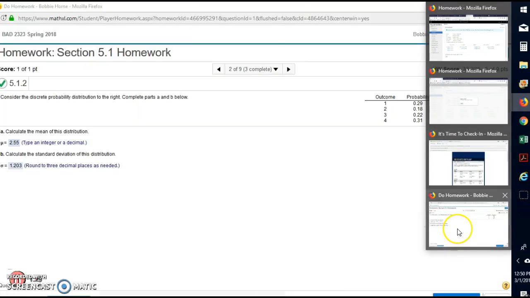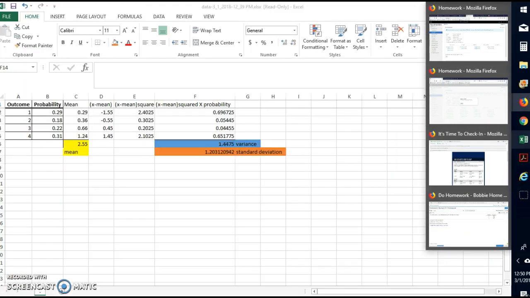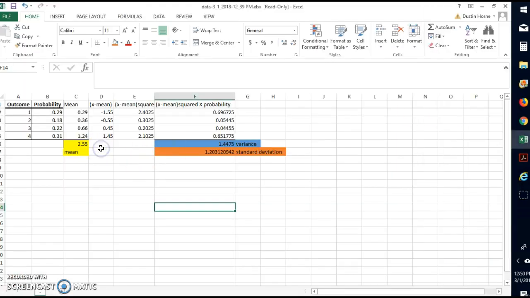The next question asks you to calculate the standard deviation. So we use the mean to calculate the standard deviation. There are several steps. First, you will take each outcome and subtract the mean. So here I have done 1 minus 2.55, and I got negative 1.55. Then I will do 2 minus 2.55, and you will get negative 0.55 for outcome 2.